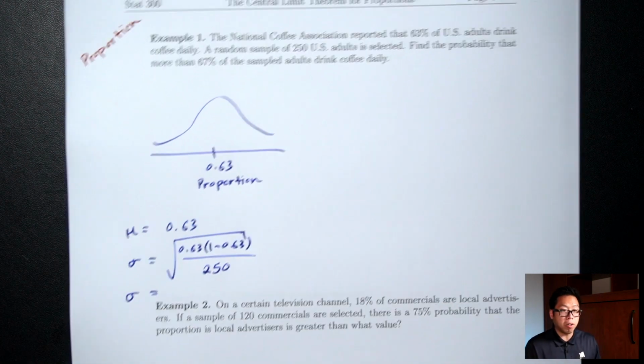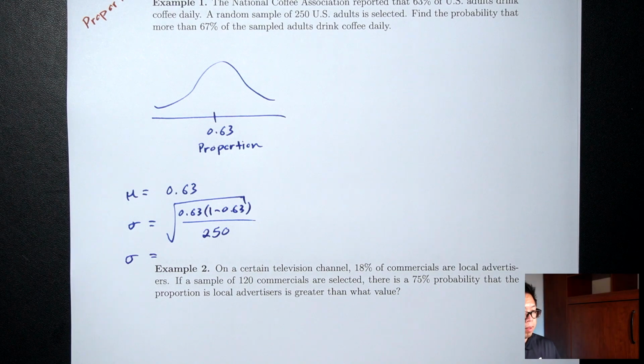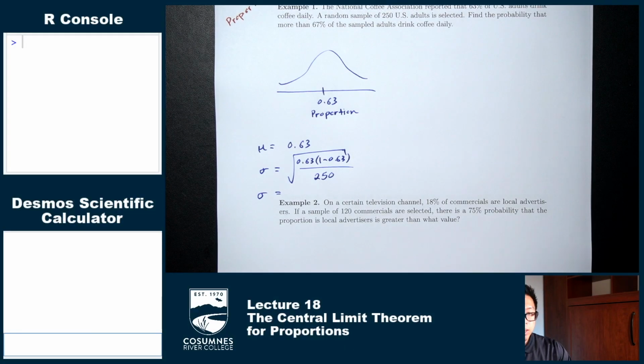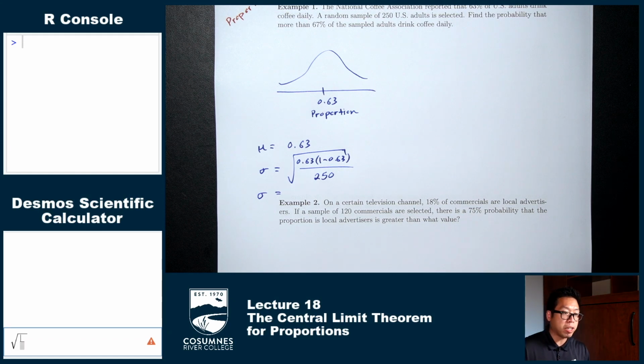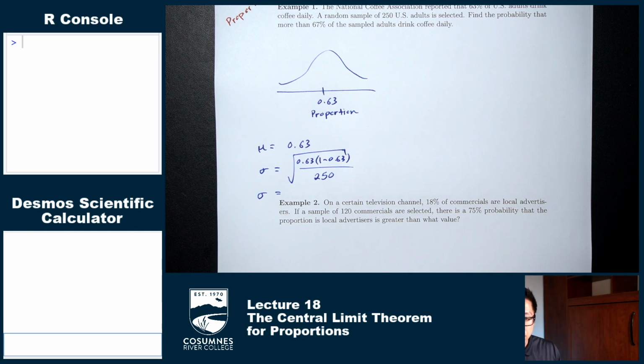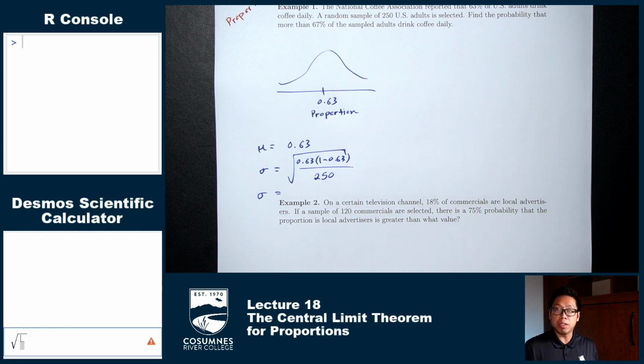Okay, so let's enter this into our calculator. So square root, and inside the square root, a fraction. Make sure that the fraction is inside the square root. I think the easiest way to do that is to click on the square root and then click on the fraction button, this A over B, to get that fraction inside the square root.